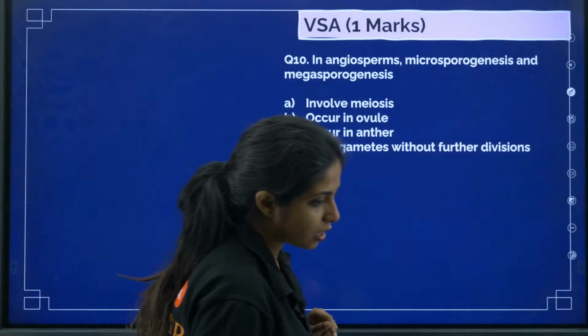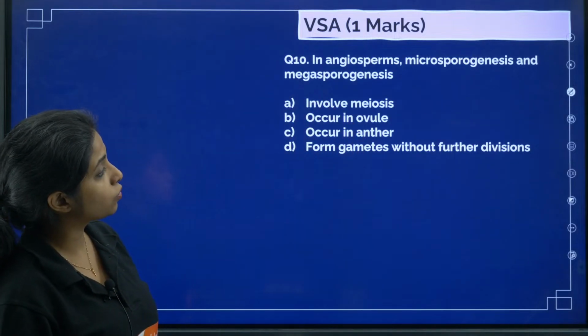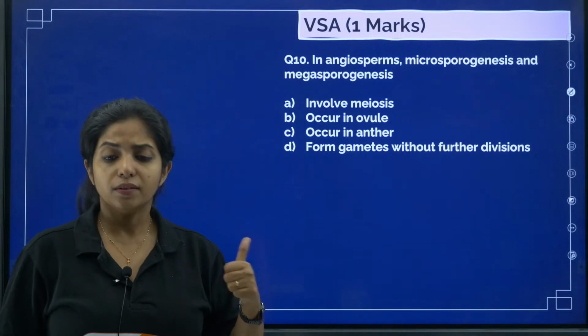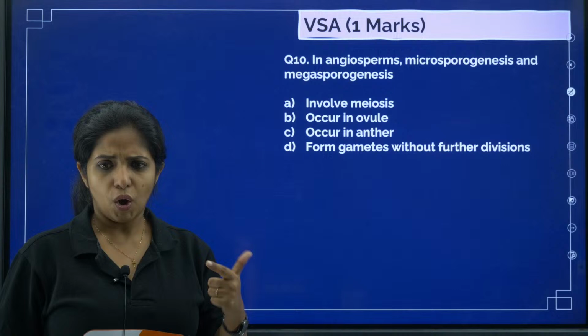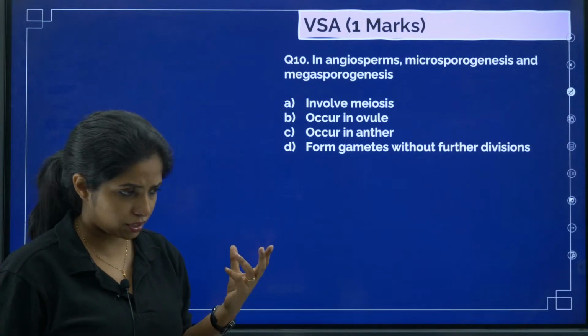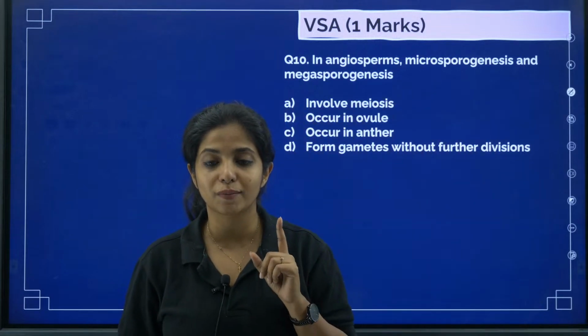Yes. Now, children, in angiosperms, microsporogenesis and megasporogenesis: involve meiosis, occur in the ovule, occur in the anther, or form gametes without further division. What is the correct answer for this? First thing, tell me, what do you mean by angiosperms?